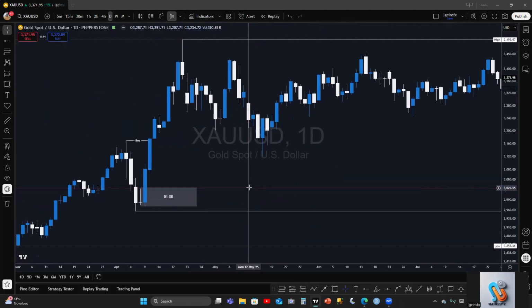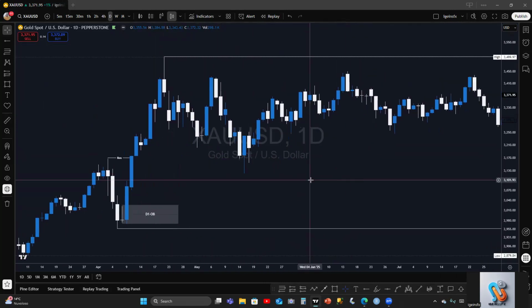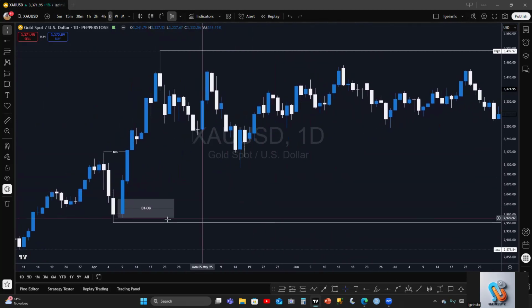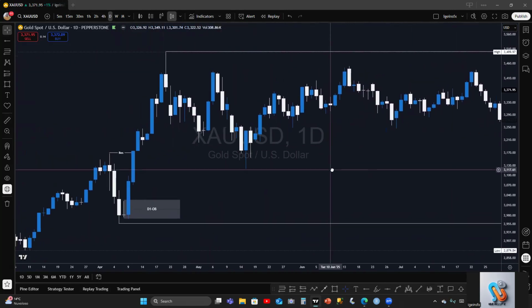All right, you see, we have identified an opportunity here already. If you're a swing trader, if you take your trade on a daily time frame, all you need to do is put a pending order here because this is the order block that caused the break of structure to the upside. So in future, price will come back to interact with this order block.